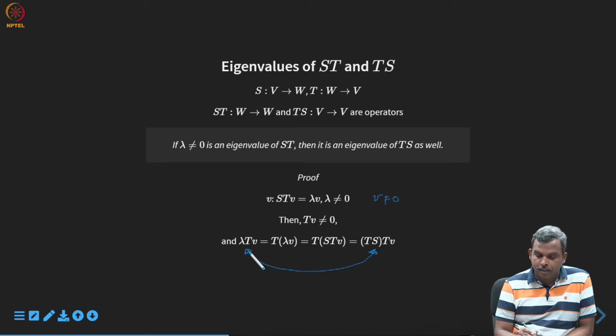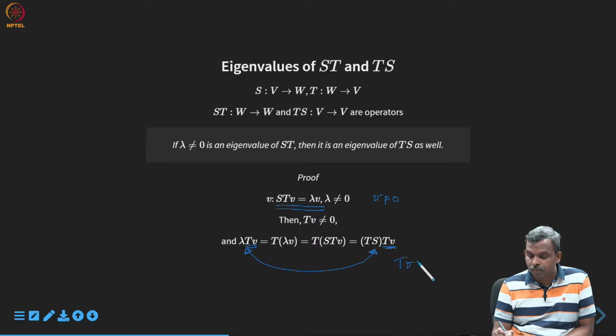It says, you started with this guy, V was an eigenvector for ST with eigenvalue lambda. Now, you see TV is an eigenvector for TS with eigenvalue lambda.